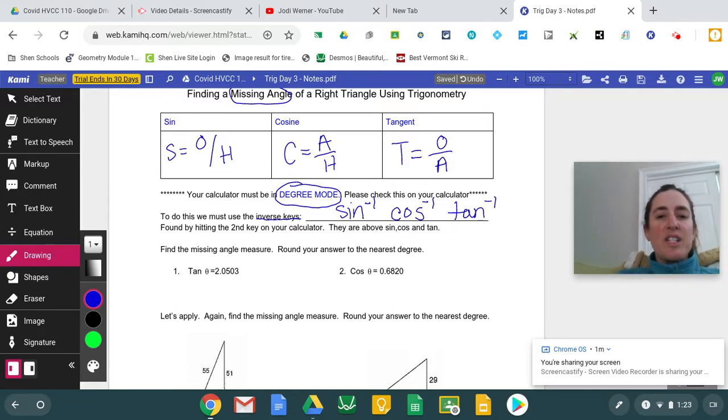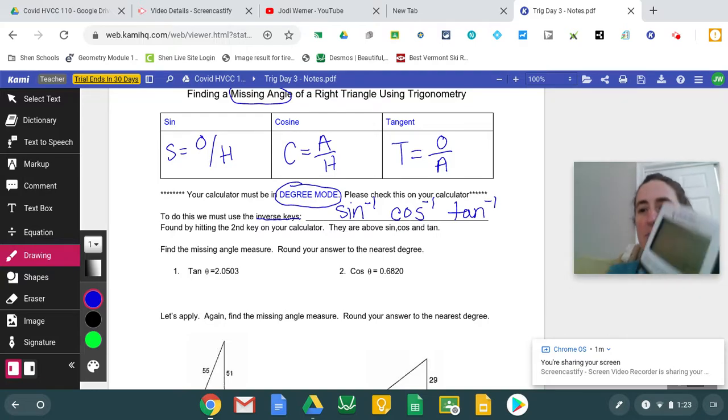So like in the first examples, here's my calculator. We're going to try to find the angle whose tangent of theta is equal to 2.0503. We're going to round our answer to the nearest degree because we're finding the measure of the angle that would have that tangent. After I turn my calculator on, I'm going to hit second tan and type in 2.0503.